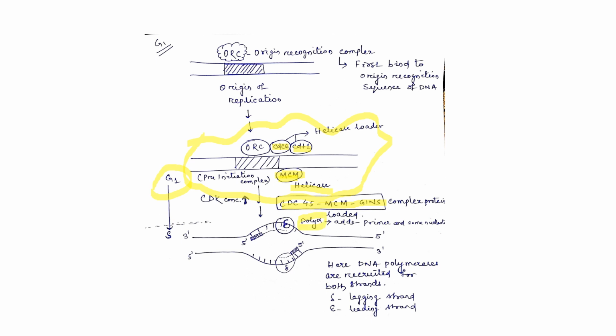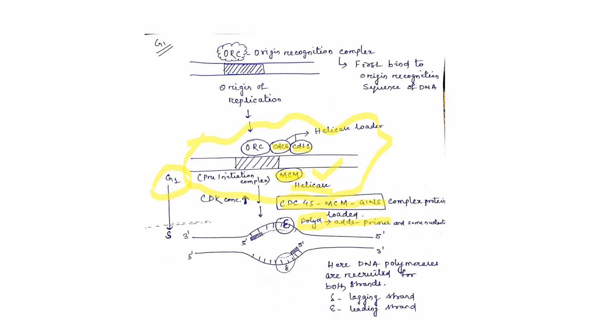DNA polymerase alpha adds primer and some nucleotides to the single stranded DNA, because after the addition of this helicase, the strands become single stranded like this. They get unwound. Okay.